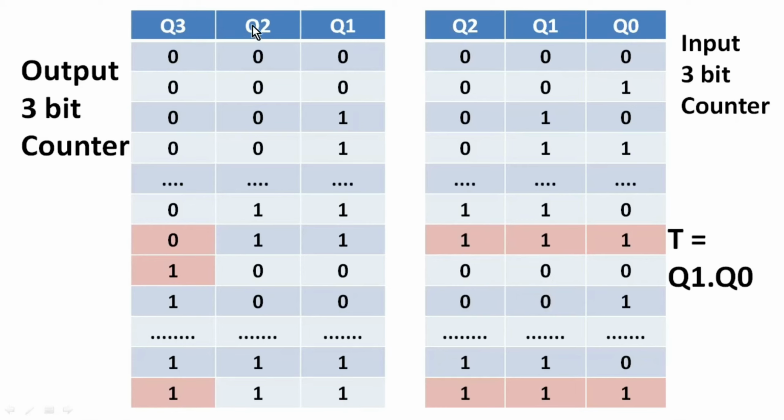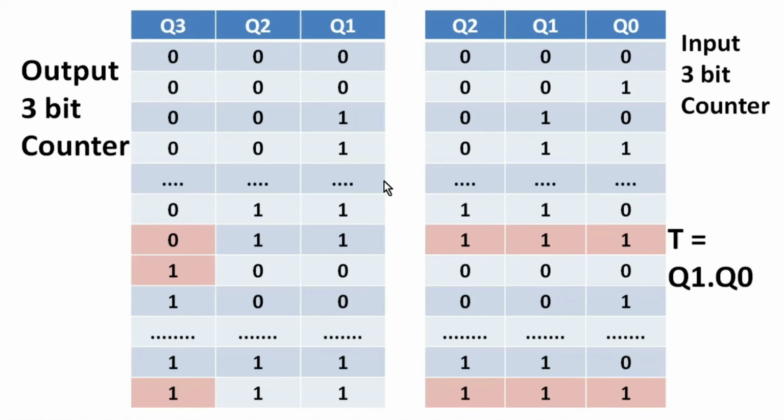So that is why I have written Q2 and Q1 as the LSB 2 bits of the output 3-bit counter. So we can say that the LSB 2 bits of the output 3-bit counter, we can take them from the MSB 2 bits of the input 3-bit counter. And we are only left with the calculation of Q3.